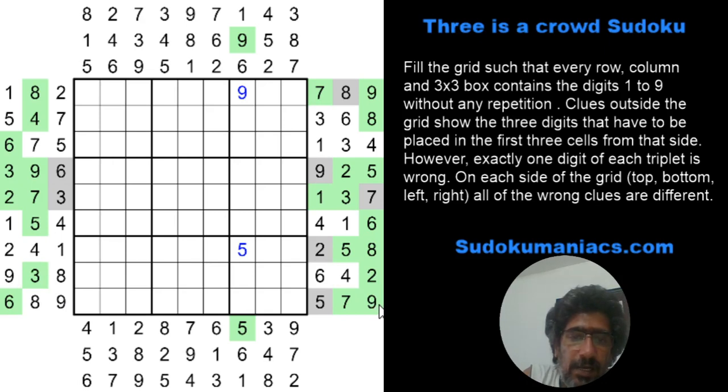Alright, this 9 of row 9 is true for box 9. Correct? So this will be false, this will be false. Because this is a true and this would be a true. Correct? Now what next? So 6 and 8, 3 and 9, 2, 7.